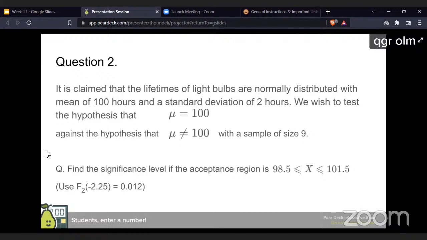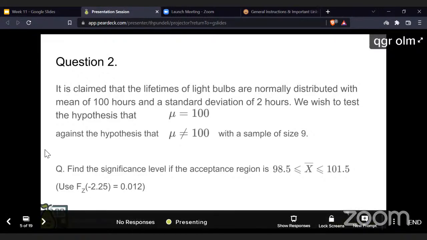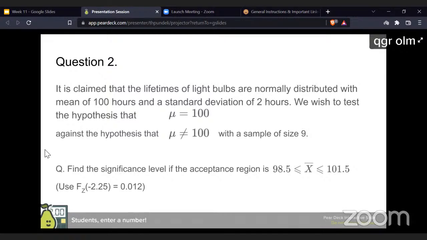Find the significance level if the acceptance region is 98.5 less than or equal to X bar less than or equal to 101.5. So if your X bar lies between 98.5 and 101.5, we are going to accept the hypothesis. So what should be the significance level if you are taking a sample of size n?